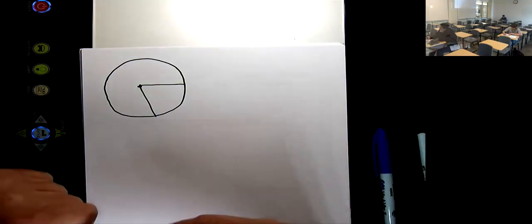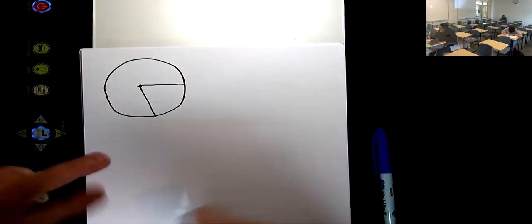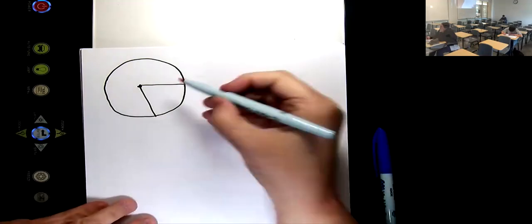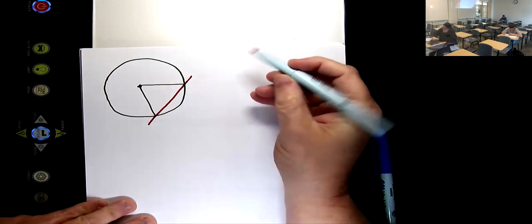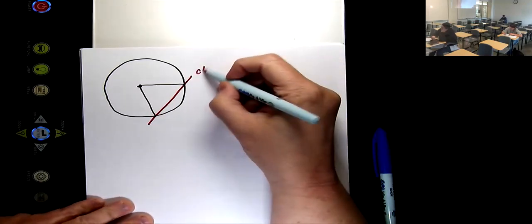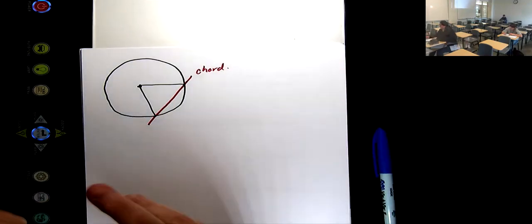If we had something like that. We said a line that goes through where it hits 2 points is called a chord.